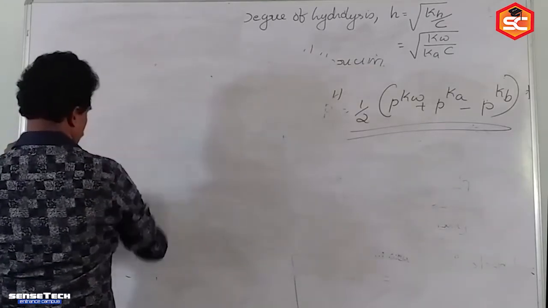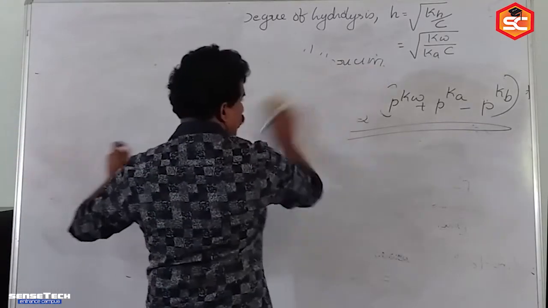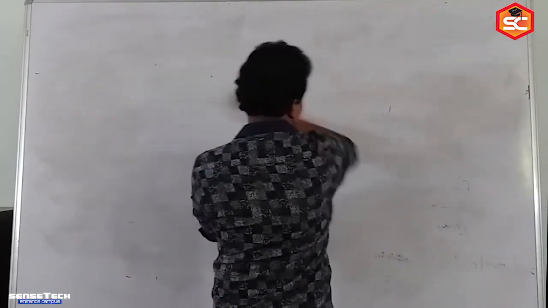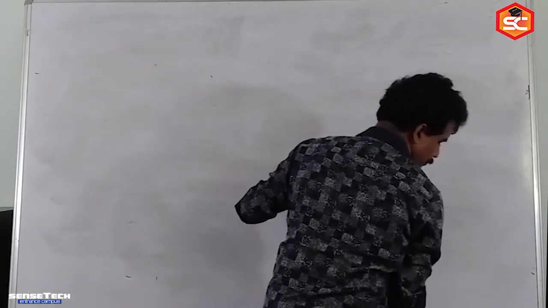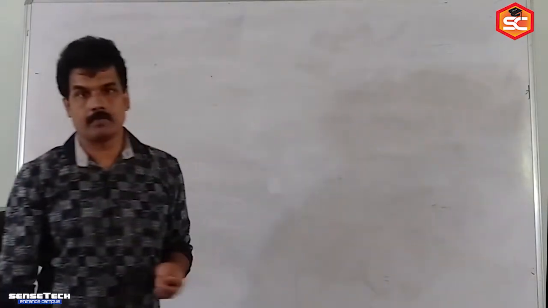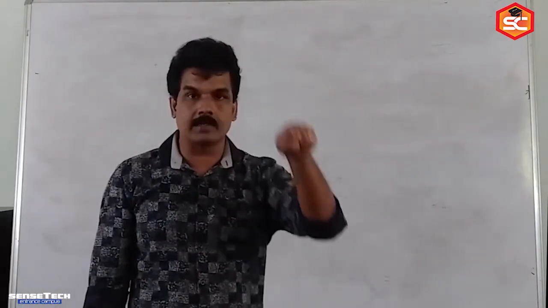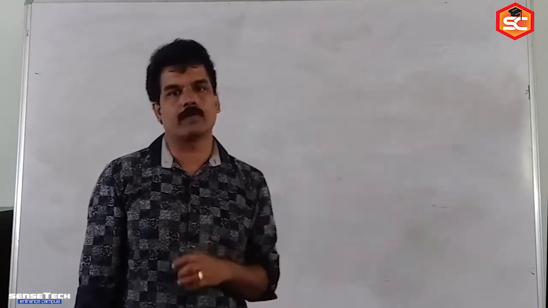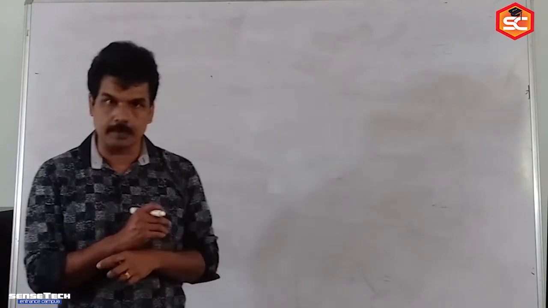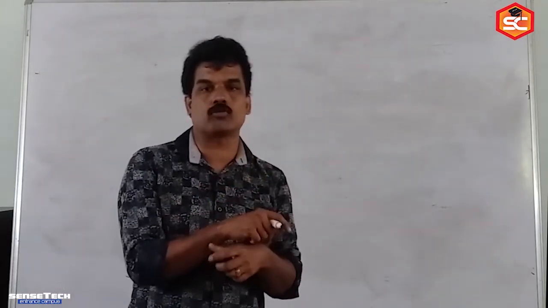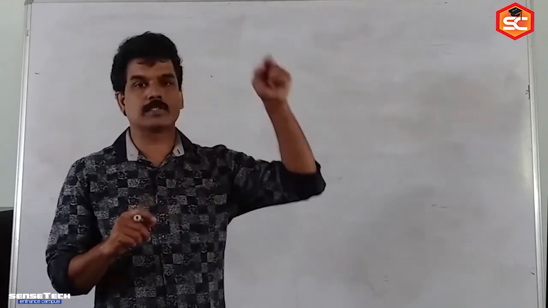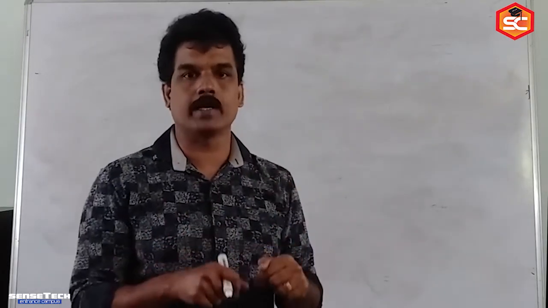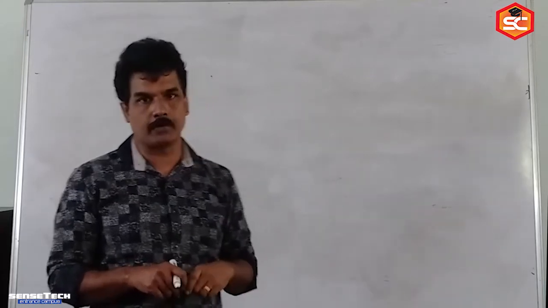In the pH calculation, they need not give the H plus ion concentration directly. They may give the OH minus ion, and from that you have to find the pH. If OH minus ion is given, H plus into OH minus is equal to 10 to the power minus 14. From that you first find the H plus concentration. Then you can find the pH.